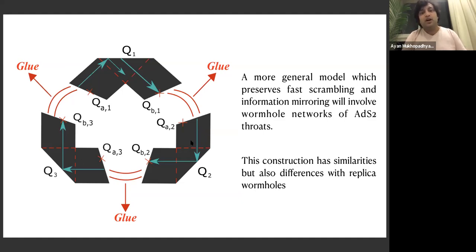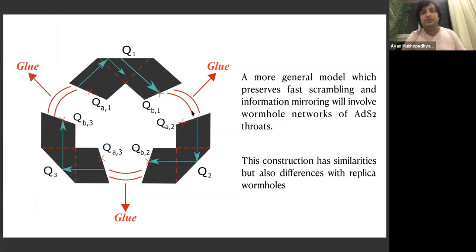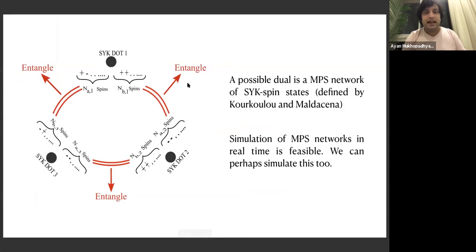So you might wonder what exactly such a construction might mean from the point of view of field theory. And we suggest there can be a possible dual to this particular construction, which looks something like this. If you go back to the paper of Kourkoulou and Maldacena, they suggested that you can take an SYK dot and project the state of the SYK dot to some spin state, a collection of spin-half spins.